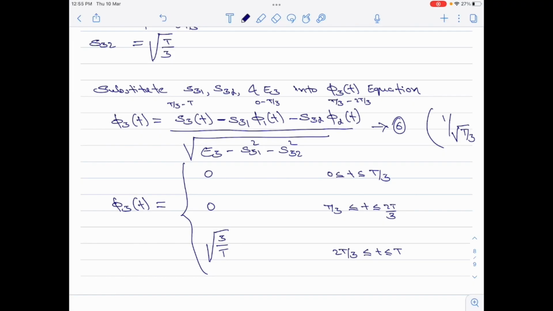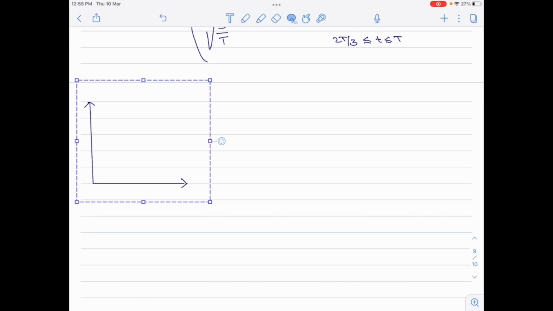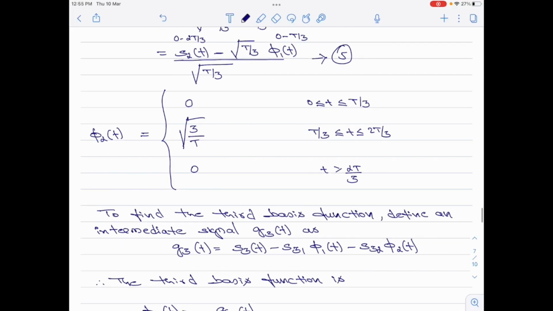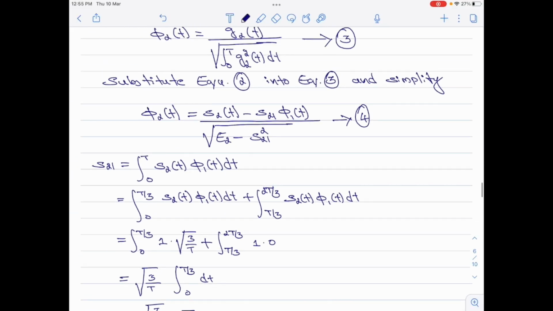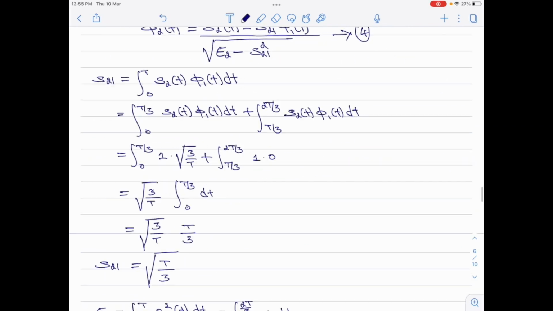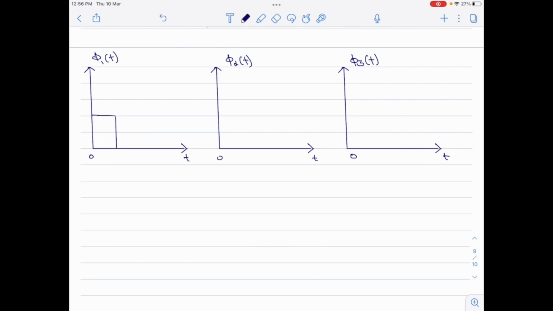Now, since we are also asked to sketch the basis functions, let me do that part here. Now, coming to equation for phi 1 of t, you find that it is equal to square root of 3 by t over the interval 0 to t by 3. So, let me just draw that part here. Moving on to the next one, phi 2 of t.